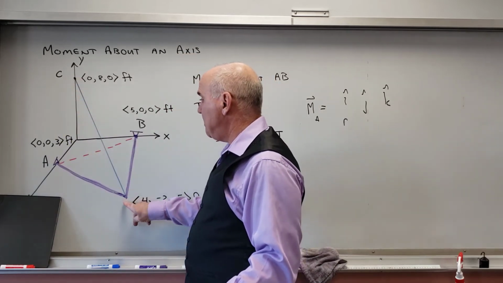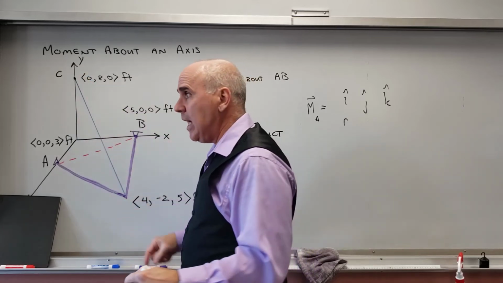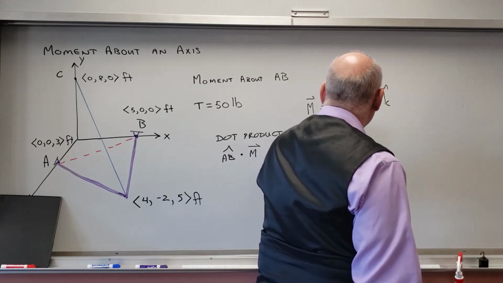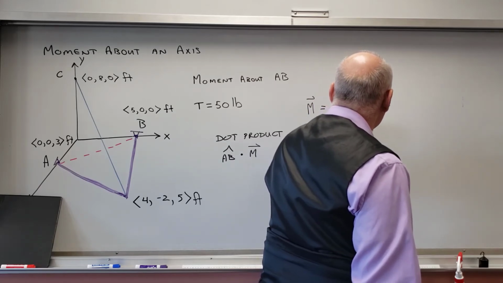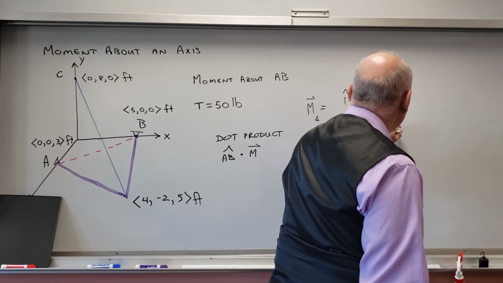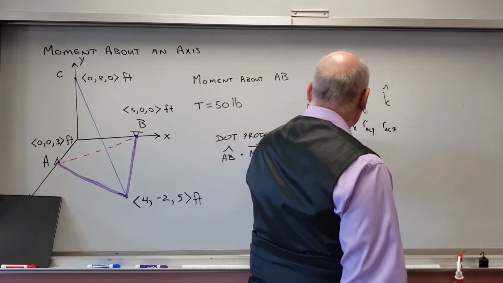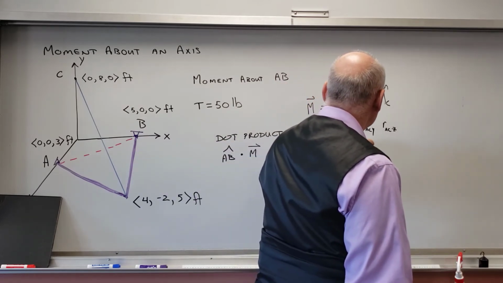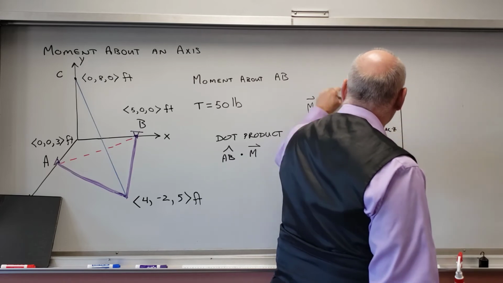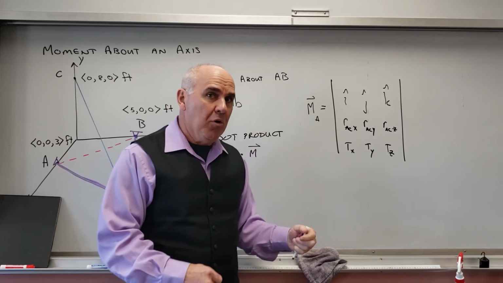It doesn't matter if I choose this point or this point up here; it's irrelevant, anywhere along the line of action. So I'm going to take C. So r_ACx, r_ACy, r_ACz, and then I cross that with the tension, which has an X component, a Y component, and a Z component. There is the determinant that gives me my moment.